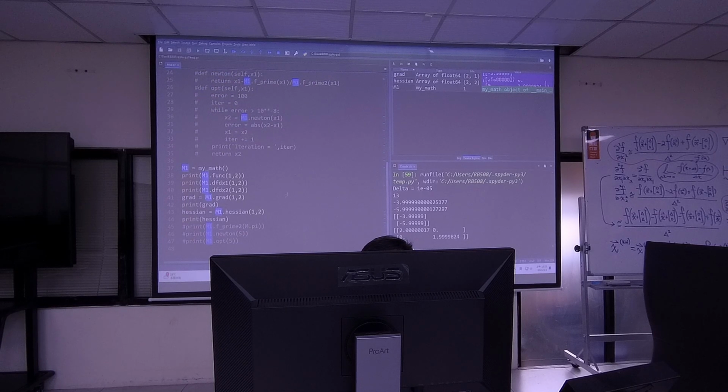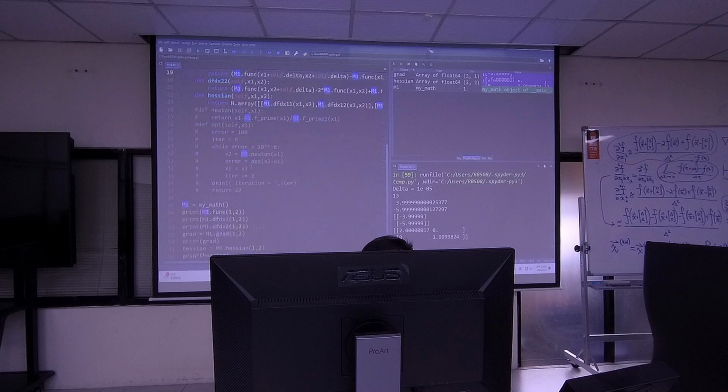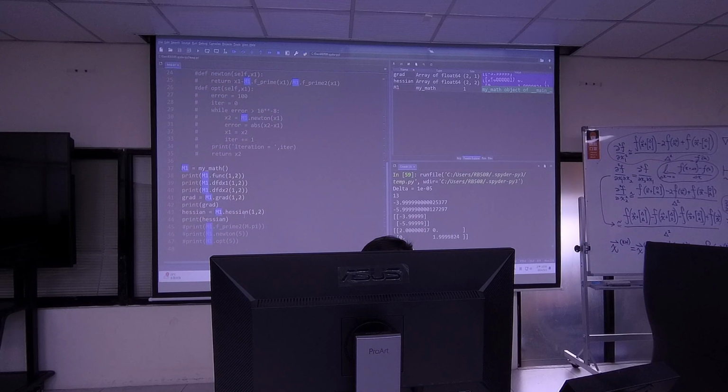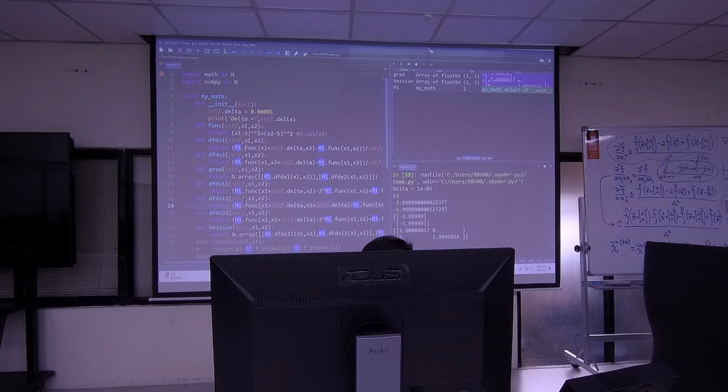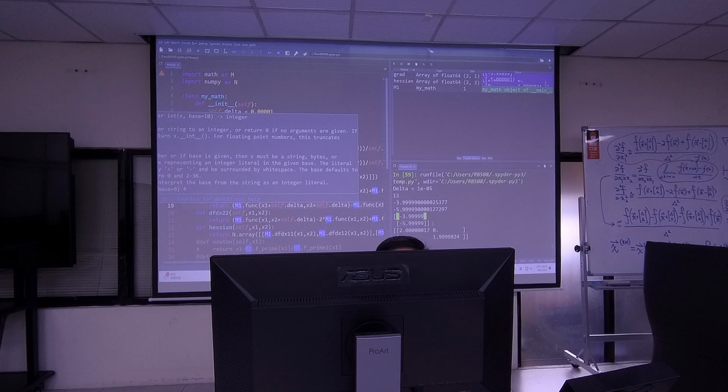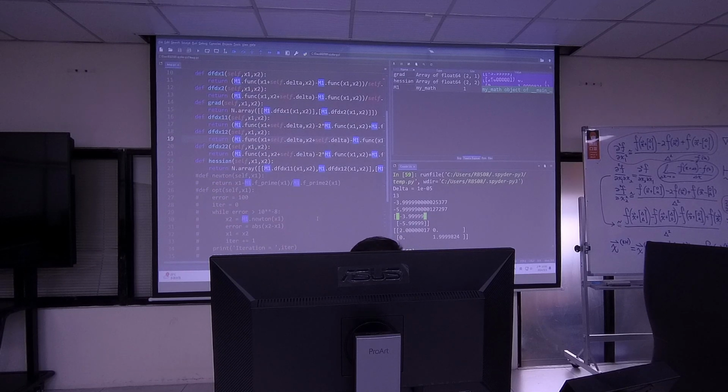So 2 times x1 minus 3. So this should be, 1 plug in, negative 2 times negative 4. Yes. So the other one should be 2, negative 3 times negative 6. Yes, correct. So yes, we're almost done.